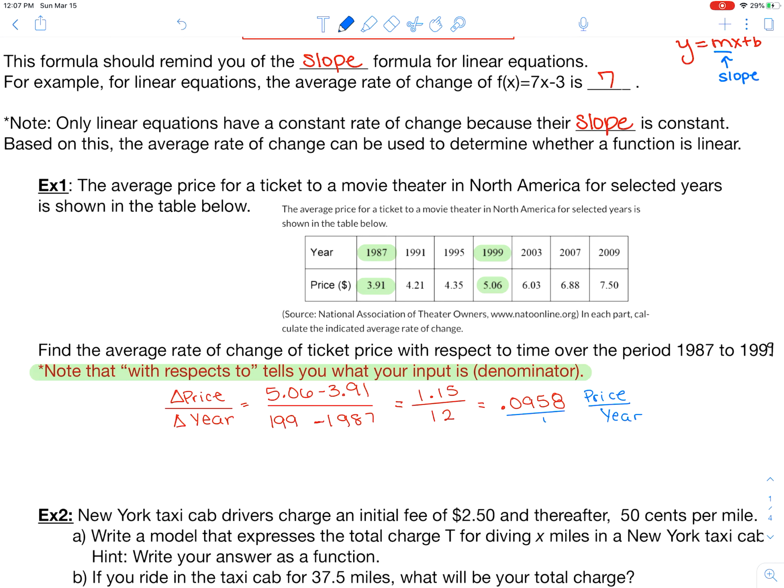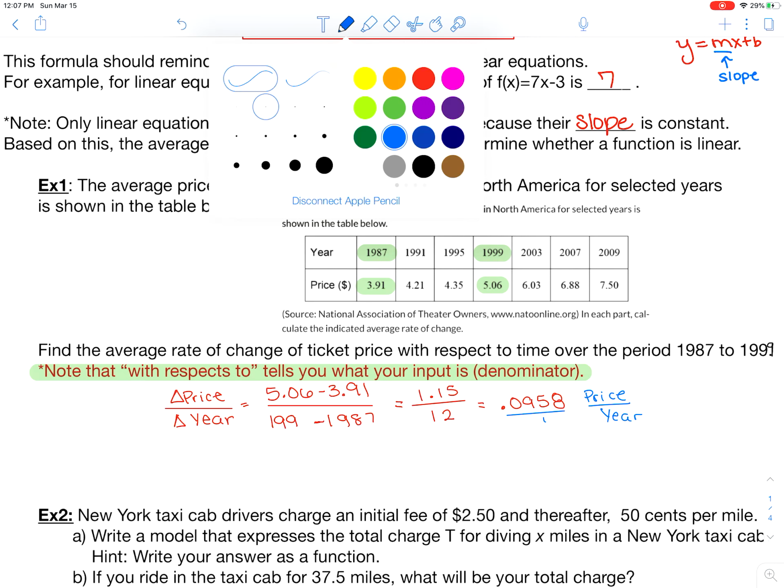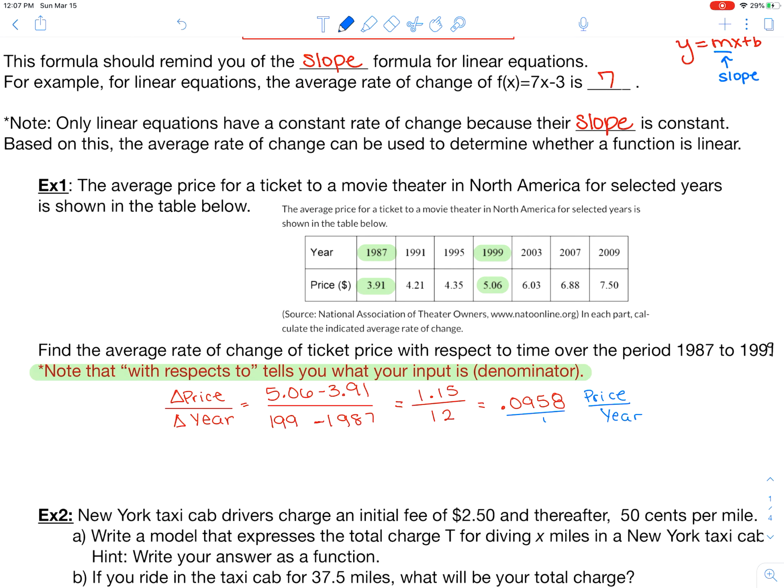Because there's nothing underneath, I'm just going to put an imaginary 1 just so you know what this means. So if I were to actually write in a sentence what this means, I would write: every year the price of theater tickets increases by, now because we're dealing with money, I'm not going to write 0.0958.